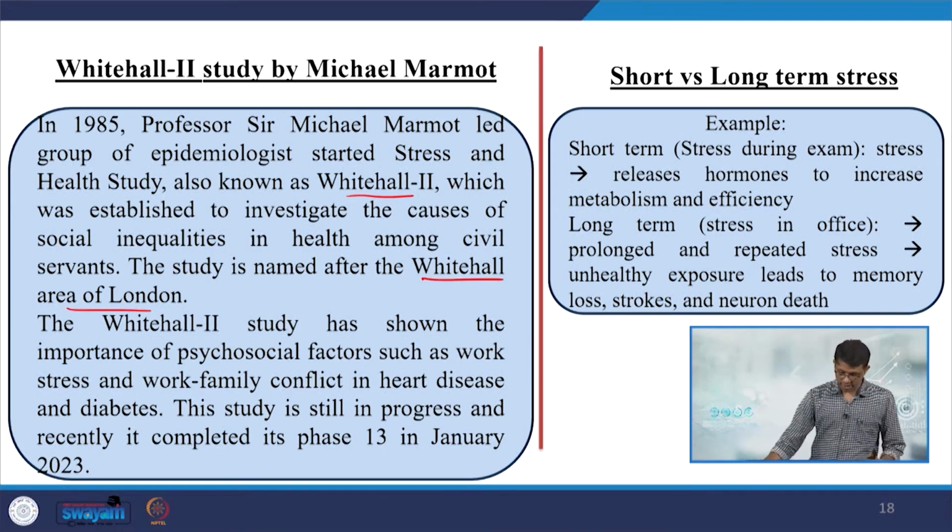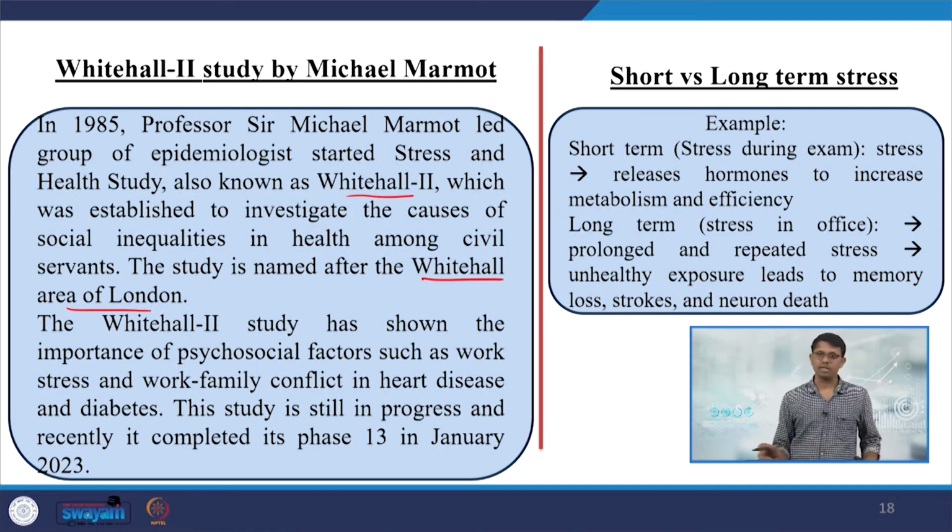The Whitehall II study has shown the importance of psychosocial factors such as work stress, and we are actually emphasizing at this moment psychosocial issues such as stress and work-family conflicts in heart disease and diabetes etc. This study is still in progress, and recently it completed its phase 13 in the latest year 2023.